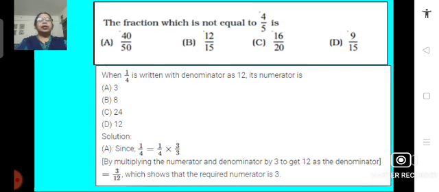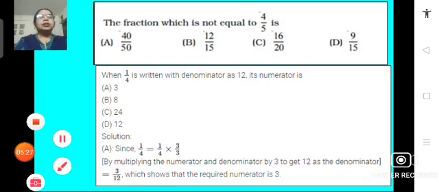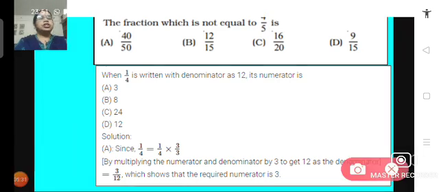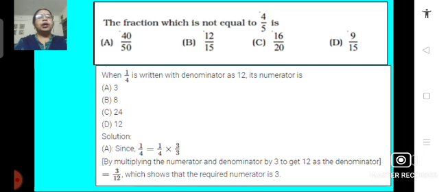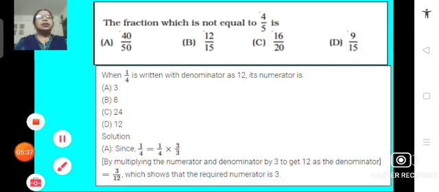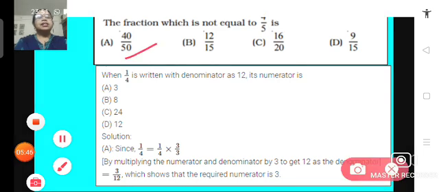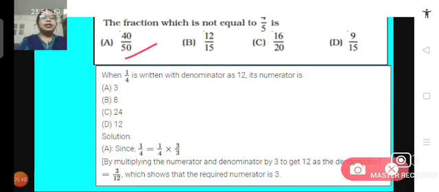Next problem, it is from fractions, the chapter number 7, fractions. The fraction which is not equal to 4 upon 5 is, we have 4 options here. So we have to find out the fraction which is not equal to 4 upon 5. We can see the first option is equal to 4 upon 5, isn't it?